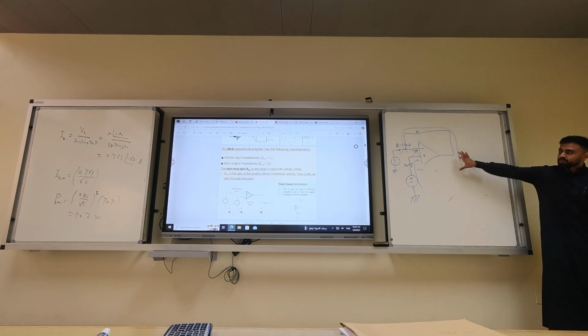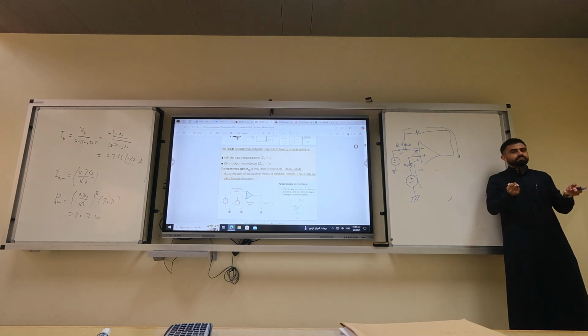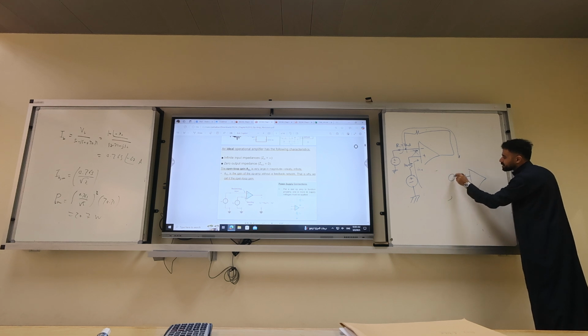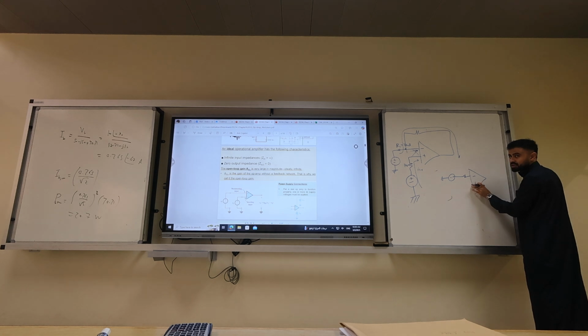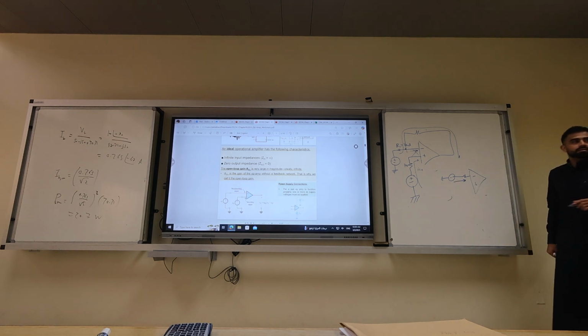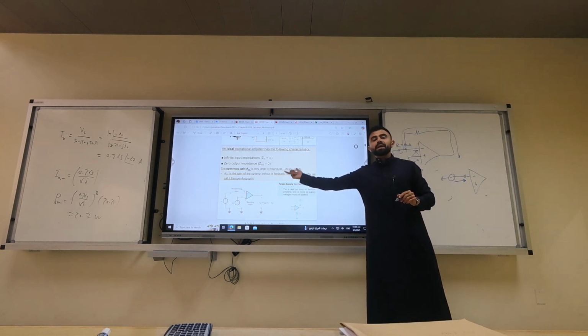If you connect it to a resistor and a battery, forget about this. This is the positive. There is no current that flows inside because it has infinite impedance.